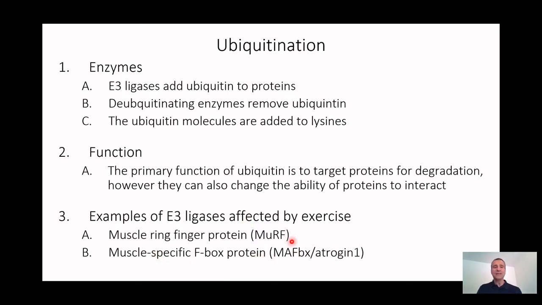These are two E3 ligases that become activated and increase when we go through periods of inactivity or long-term protein catabolic states. They're supposed to be indicators of muscle atrophy, and I'll show you some data about that.